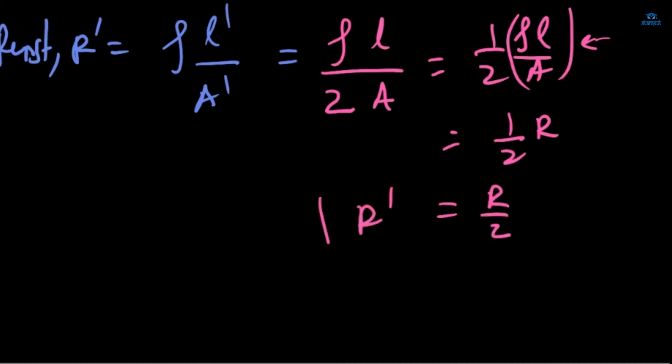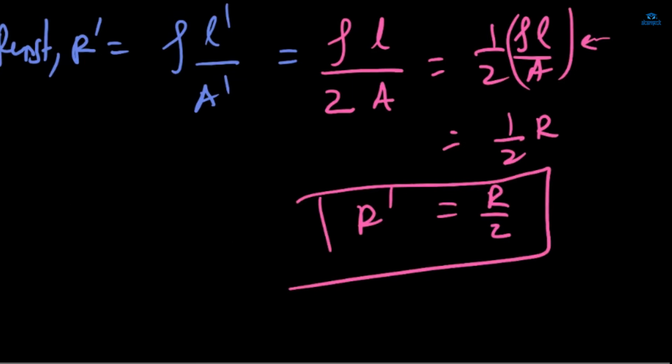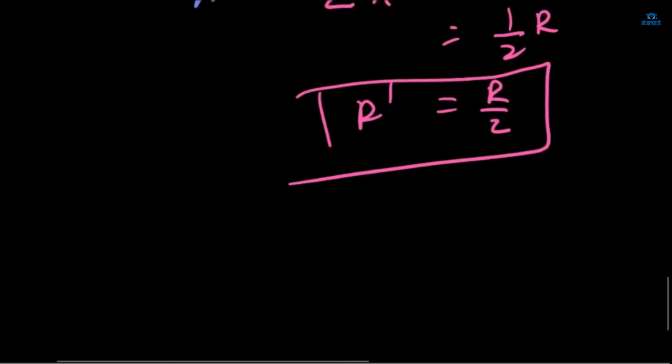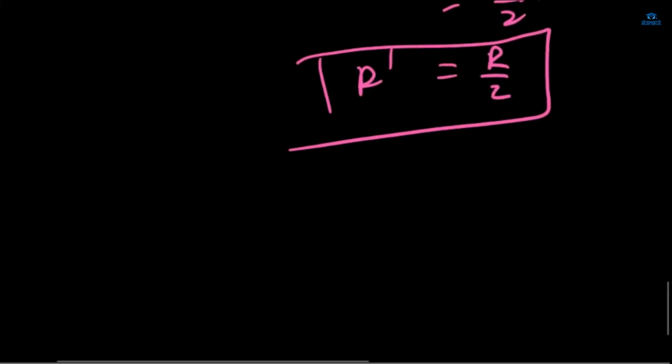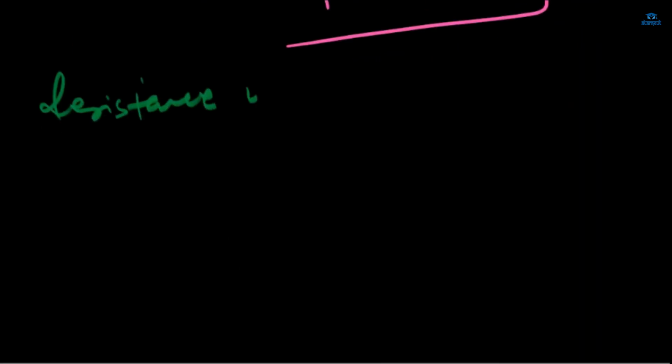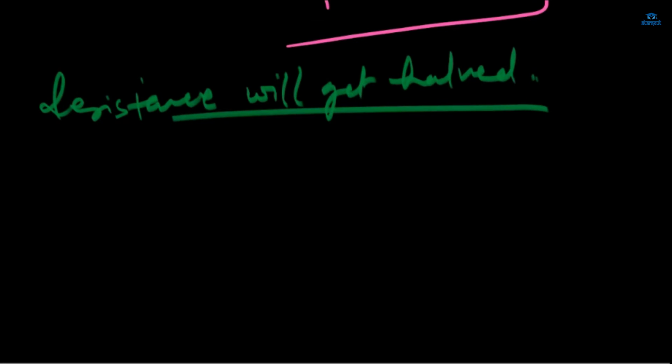So new R dash will be half of the previous resistance. So you will say that the resistance will get halved. Okay, Sophia?